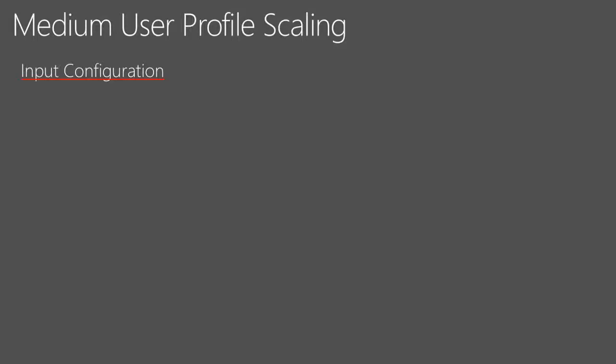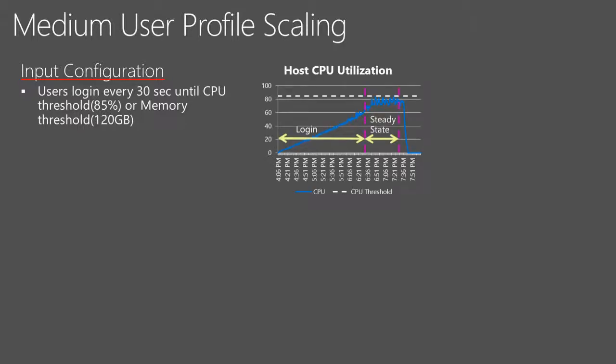So the medium profile, what we did is we logged in users every 30 seconds until either the physical CPU threshold in the host server got to 85%, or we got to 120 gigabyte memory threshold. And so in this case, we were CPU limited, so we hit that point first on the CPU, and then we ran steady state for a while.